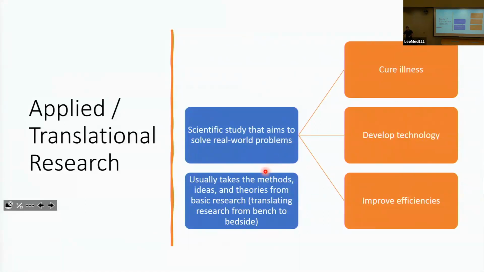And like I had said in the previous slide, it usually takes the methods, ideas, and theories from basic research, what we learn from those settings, and then translates it. You've probably heard the term from bench to bedside, translates it into a bedside application in medical research. So what we learn from the bench is taken and applied to the patient's bedside, from bench to bedside.